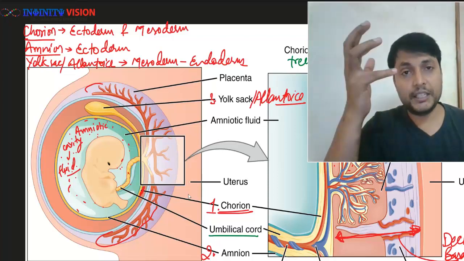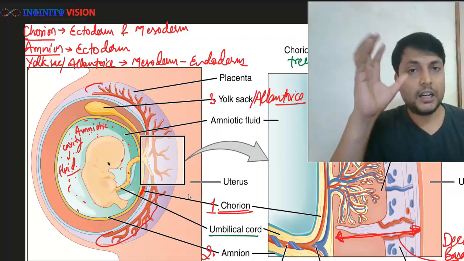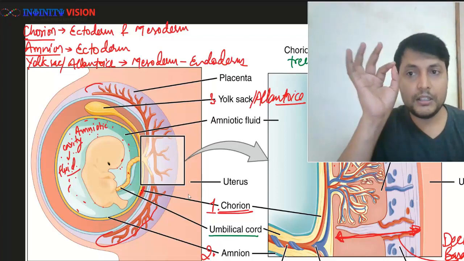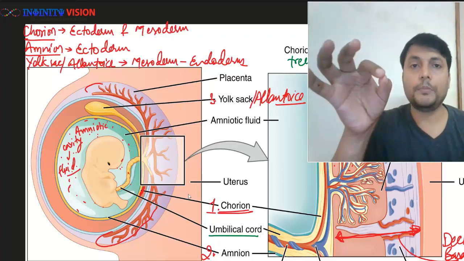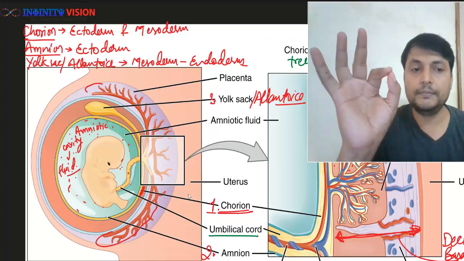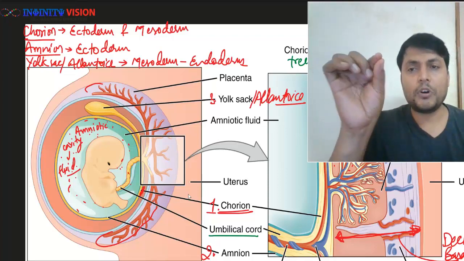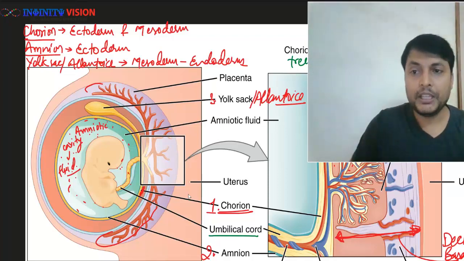How do we take it? Under the ultrasound, when we can see where the baby is, we carefully prick a needle into the belly of the mother and take a small sample of this amniotic fluid.